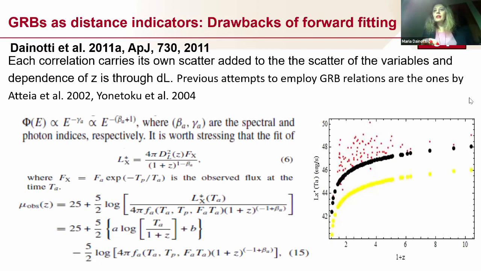Another problem here, if you can see my arrow, at high redshift, for a small variation of the luminosity distance, you have a large variation of the redshift. So that's why this relationship can be used for inferring cosmological parameters, but it is not advisable to use it for inferring the redshift.